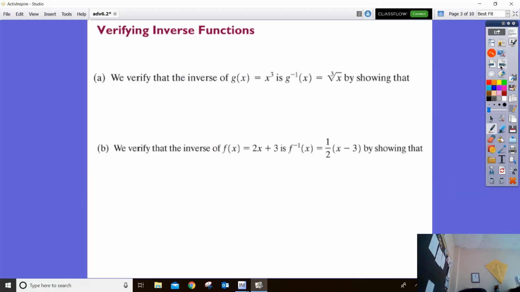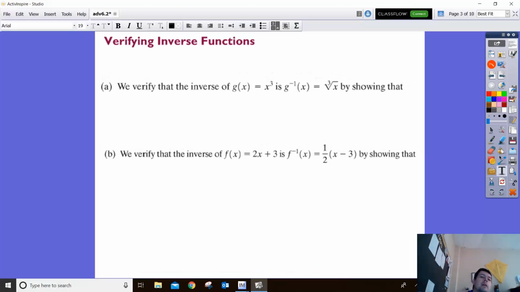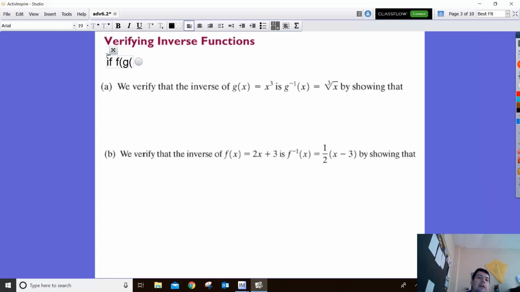All right, verifying inverse functions. You actually did one of these I talked about on your homework. I don't know if you caught me. I said those two happen to be inverses. If f of g of x equals g of f of x, and they both equal x, two functions are inverses.